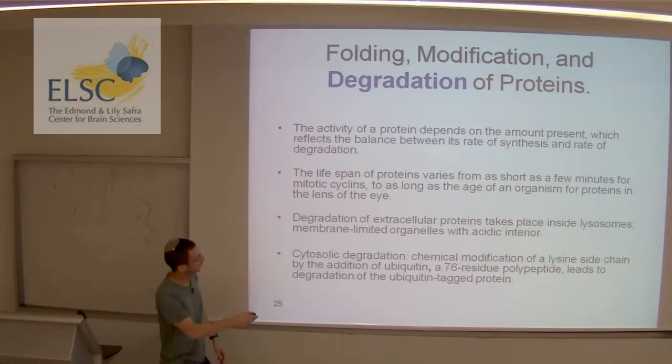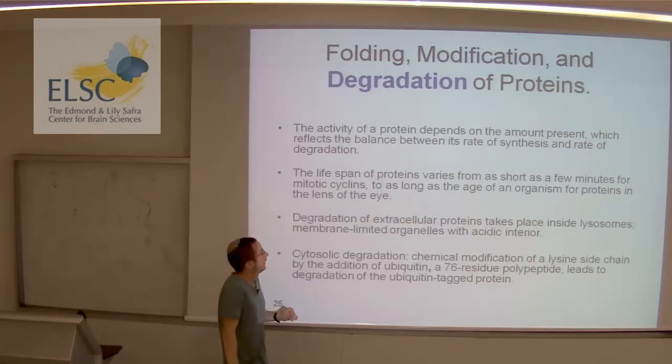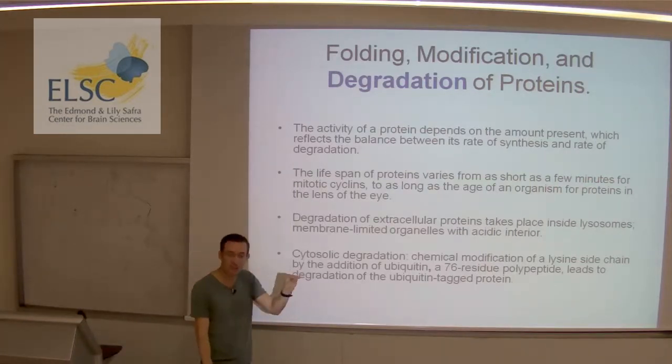For instance, proteins that play a part in the cell cycle, where you have to have very precise, time-wise regulation, can live just several minutes, meaning that you will have just a couple of minutes from the second they are produced to the second they are very actively and rapidly degraded.